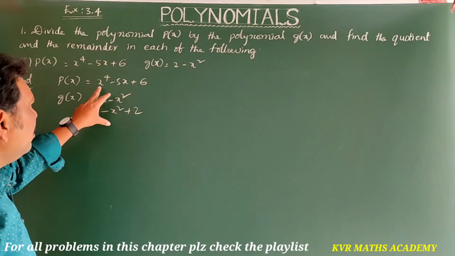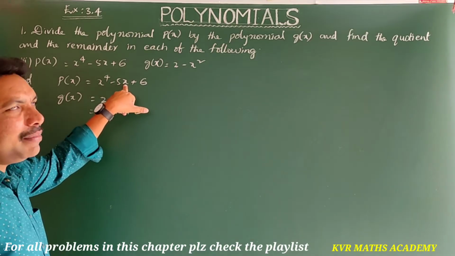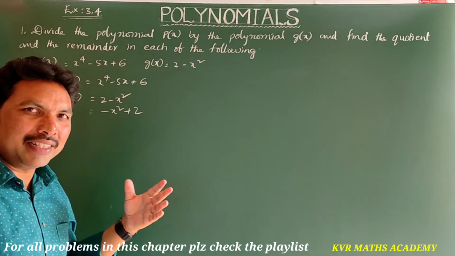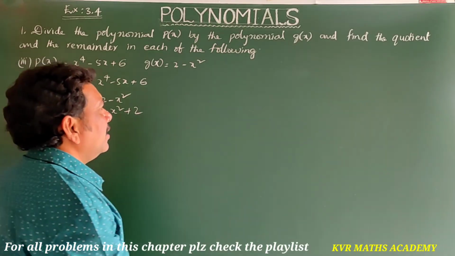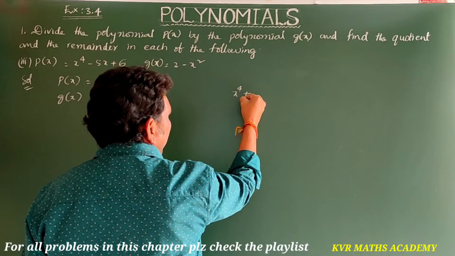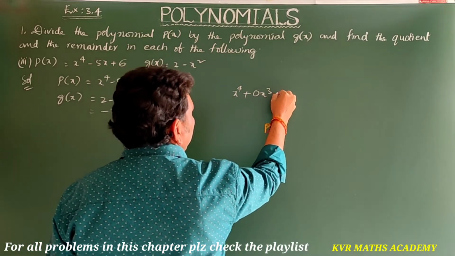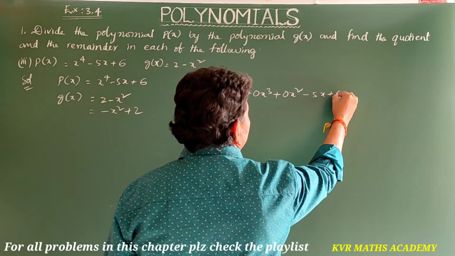Right. Here in P of x, power 4 is there, after that x term is there. So there is no x cube term and x square term. So how can you take? Yes, let us take x power 4 plus 0x cube plus 0x square minus 5x plus 6.